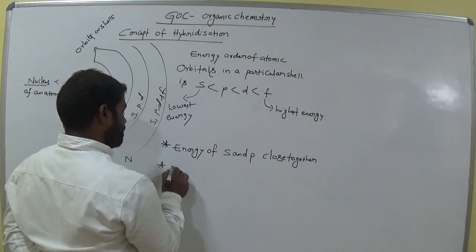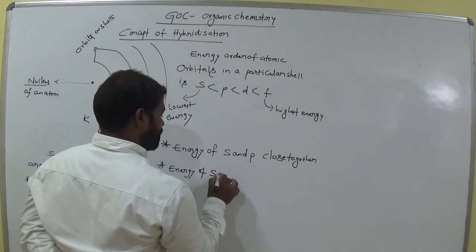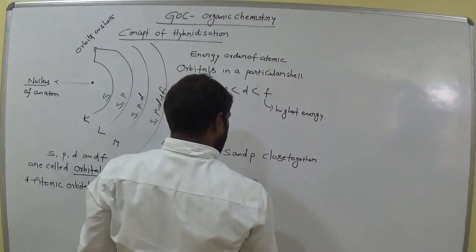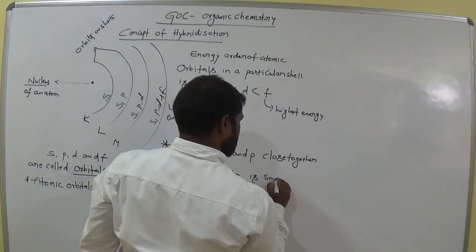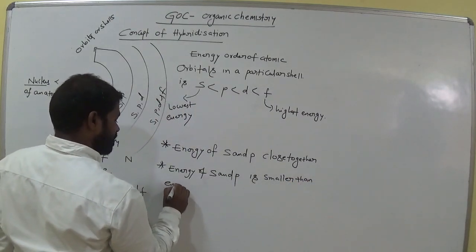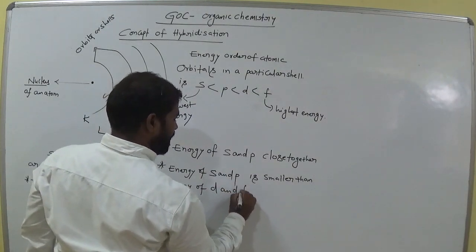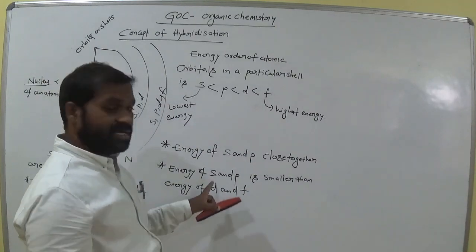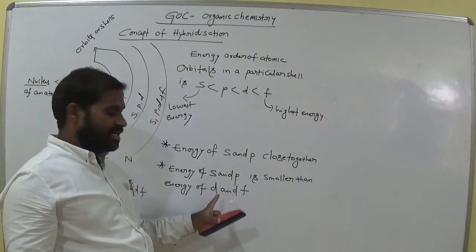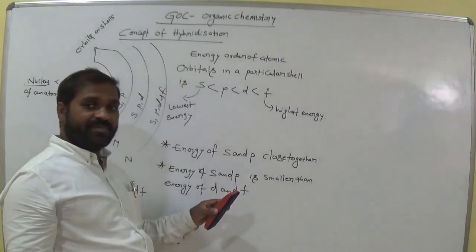The energy of S and P is smaller than the energy of D and F. So a large difference is there between the energy of S, P and D. S and P are nearly close, but compared with D there is a large difference.